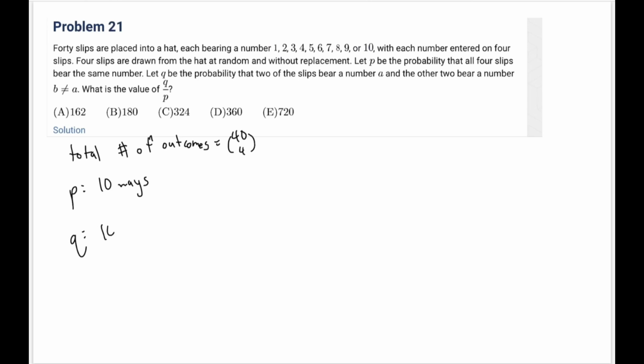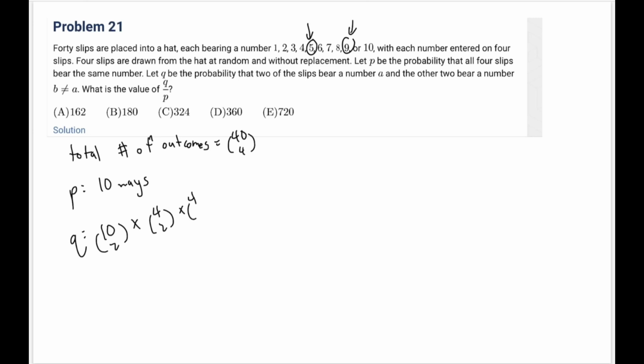So that's first 10 choose 2, and then multiply that by which 2 of the, so let's say that we chose 5 and 9, and so which 2 of the 4 5s would be chosen here? So that would be 4 choose 2, and then which 2 of the 4 9s will be chosen?